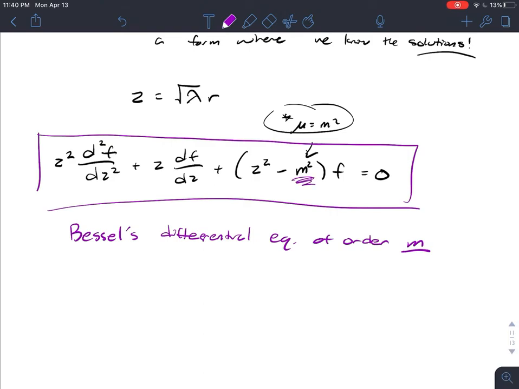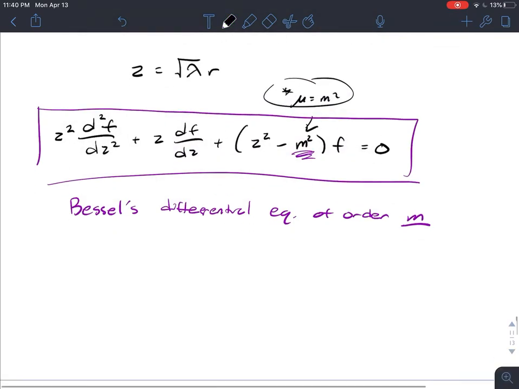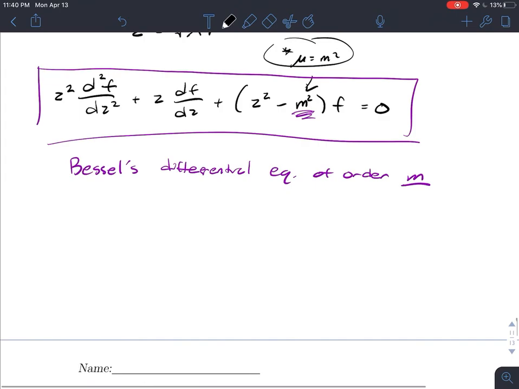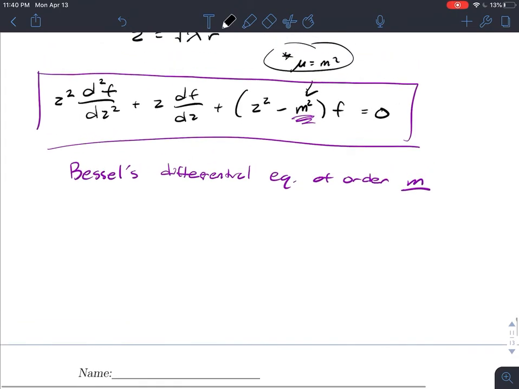So the convenient thing about Bessel's differential equation is that for any value of m, where m is equal to 0, 1, 2, 3, we can essentially put it all into a solution in terms of J and Y. So what I've just said might sound a little bit confusing, but hopefully I can clear it up in a moment.